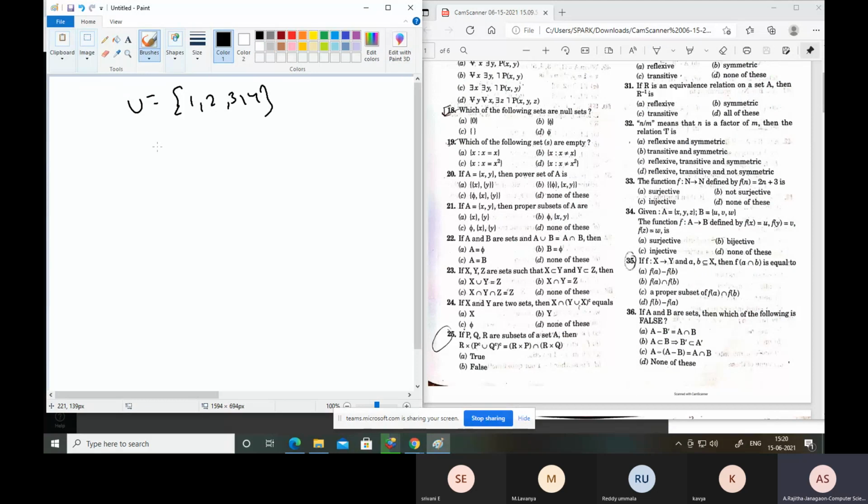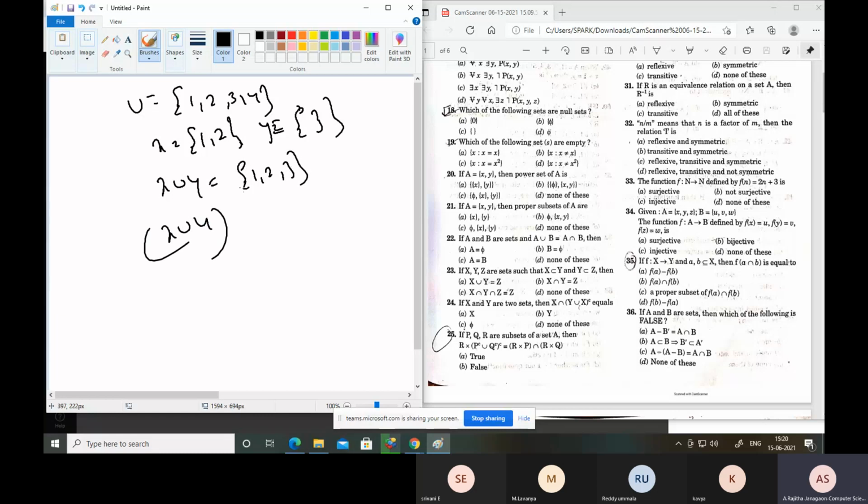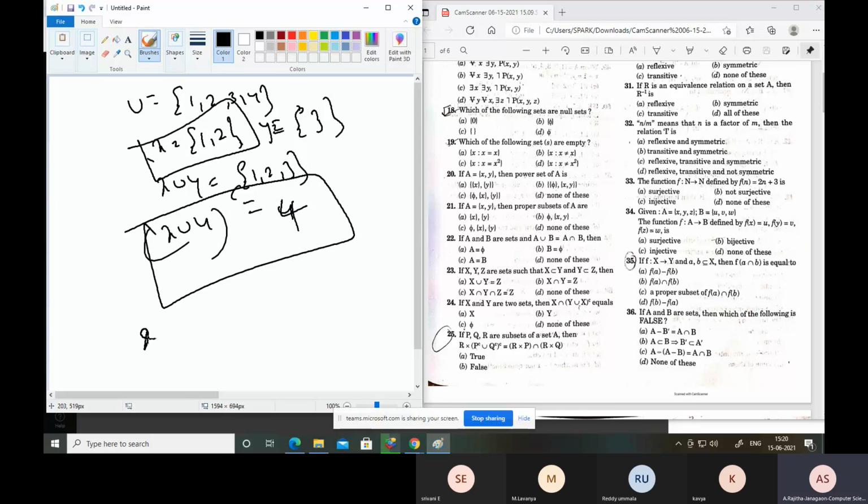And here you can observe x equals 1, 2 and y equals 3. Next, x union y equals 1, 2, 3. So the complement of x union y is 4. So here x intersection, this is x and this is the complement of x union y. That is, x intersection y union x complement equals the null set.